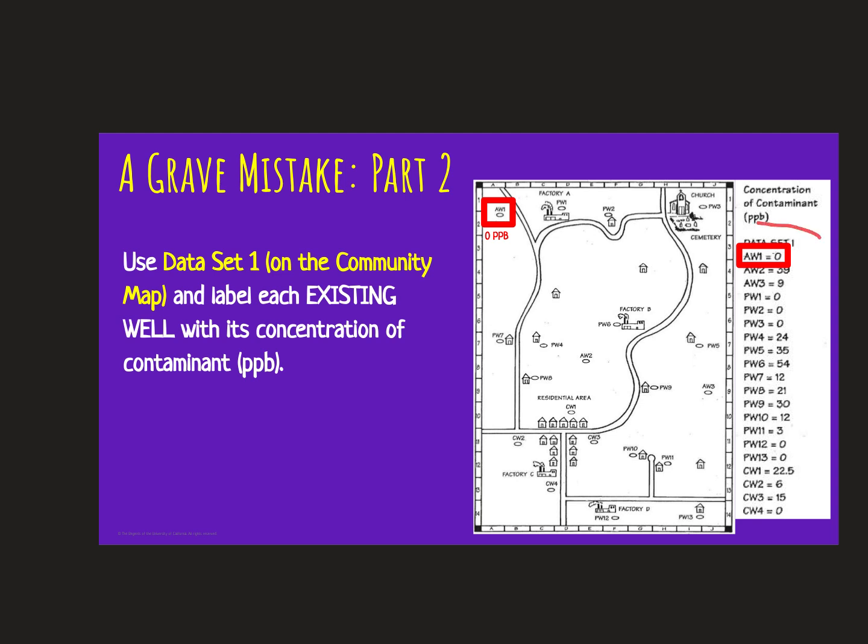So go through your key for your data set, and I want you to label the wells for what the amount of parts per billion of arsenic would be. For abandoned well number 1, they recorded a 0 amount parts per billion. So you'd write 0 ppb. And then you would do that for the rest.